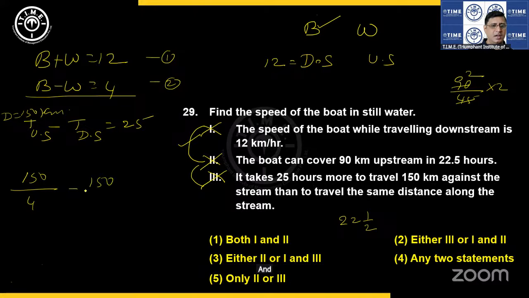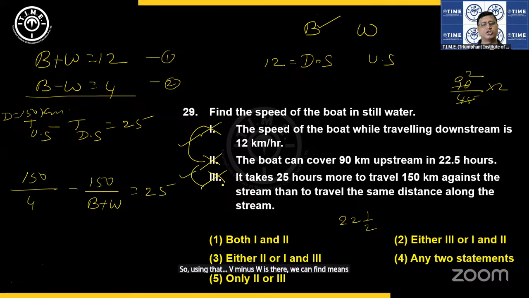And 150 by B plus W is equal to 25. Solving this, we get the B plus W value. Using that, B minus W is there. We can find it. It means second and third is possible.